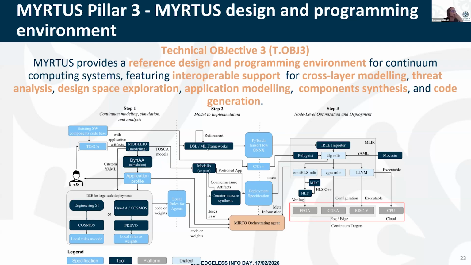This second step is called model to implementation, because we take the initial TOSCA model. We are capable of doing automatic code generation and countermeasure synthesis.